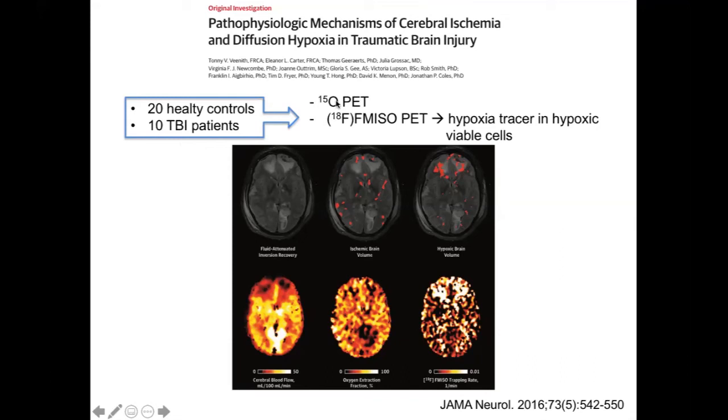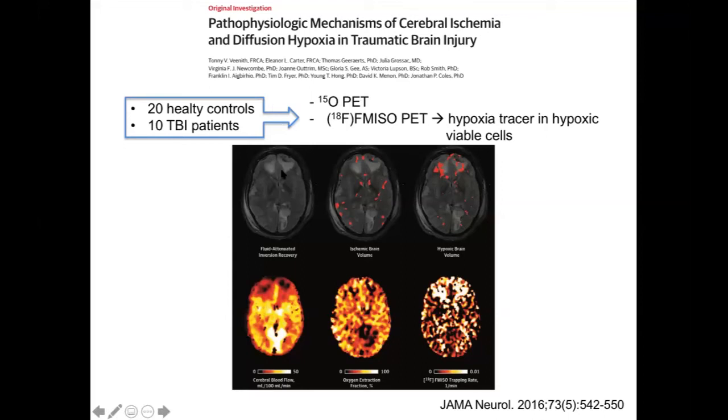The classic, that we all know, oxygen-labeled PET, but also this new PET here, which is the 18 fluorine-labeled F-MISO. MISO is misonidazole, and it is a tracer that is taken up by hypoxic cells, but only when they are still viable. So this tracer undergoes a bioreduction and it becomes visible at PET.